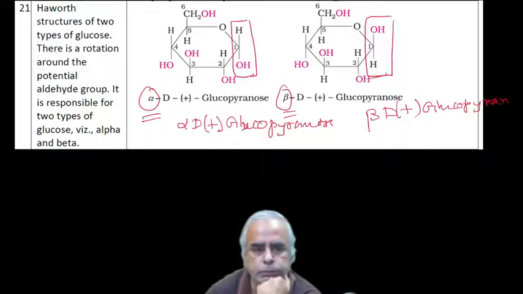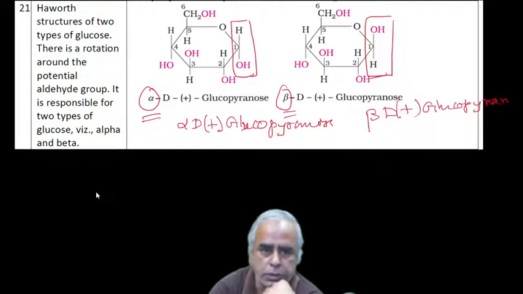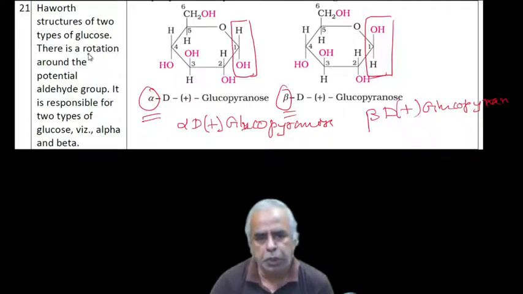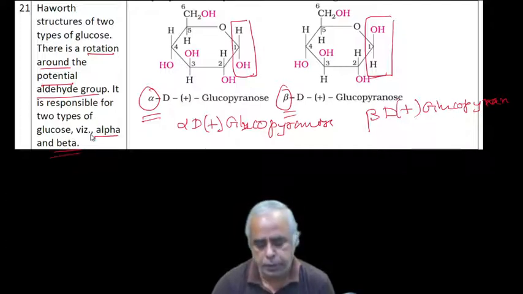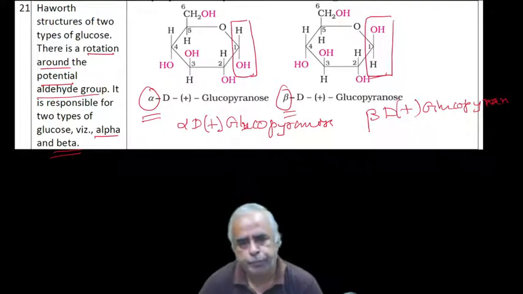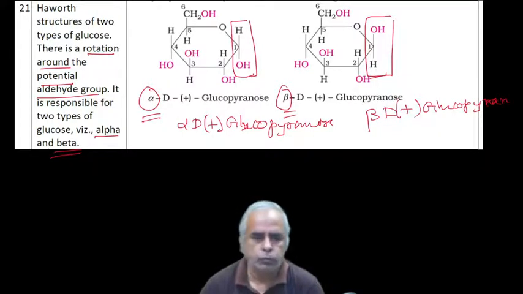Okay. Have you noted? So these are the Haworth structures. So the rotation around this potential aldehyde group results in the alpha and beta structures of glucose. Got it?